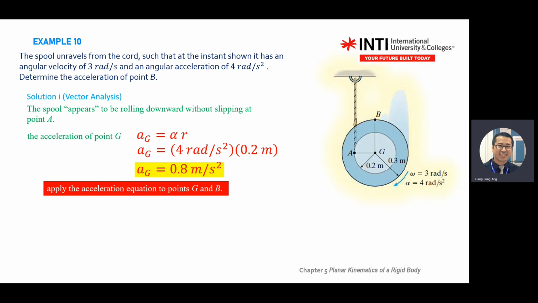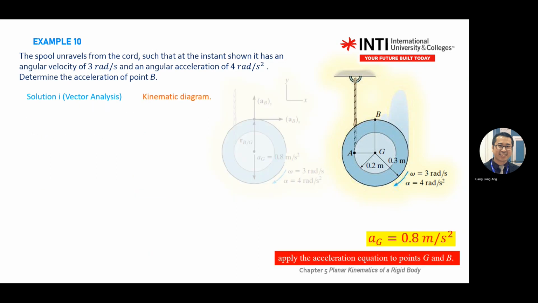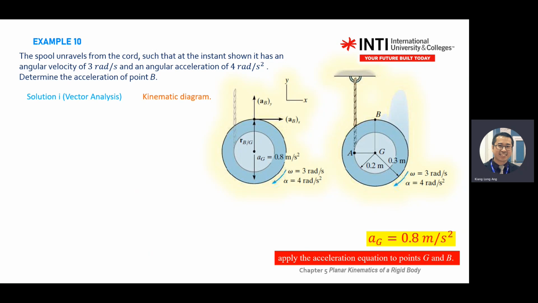You apply the acceleration equation to point G and B. Again, draw your kinematic diagram. From G to B, this one rotate this way, tangent this way, normal this way, x direction, y direction. Right. So, and then your R, relative R, B from G point.